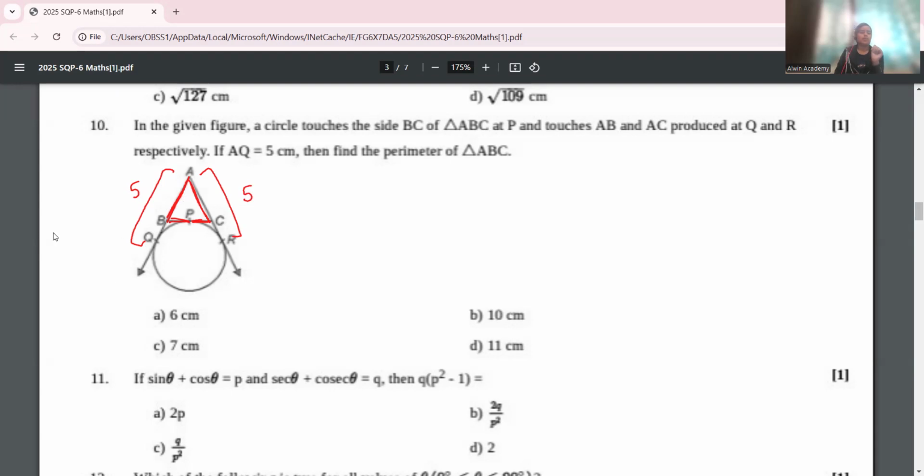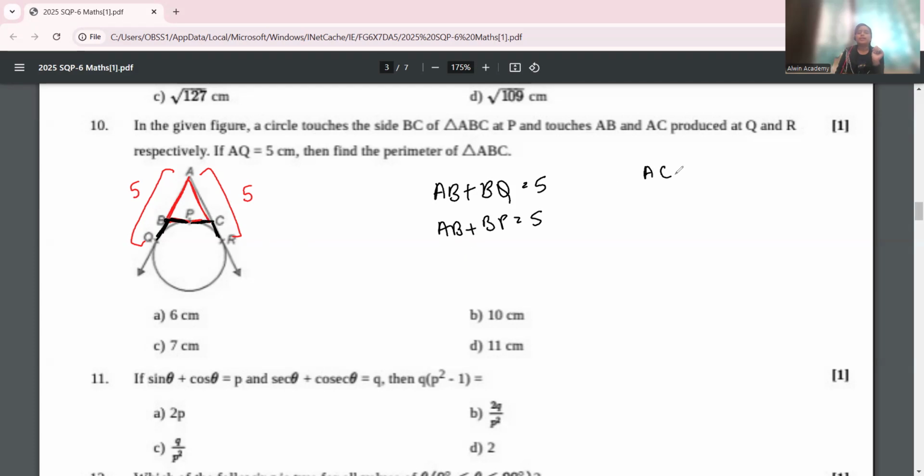Now, when we look here carefully, if from point B there are two tangents, BQ and BP, BQ must be equal to BP. If I say AB plus BQ is 5 and BQ is equal to BP, so I can say AB plus BP is 5, right? Similarly, here CR and CP must be equal.